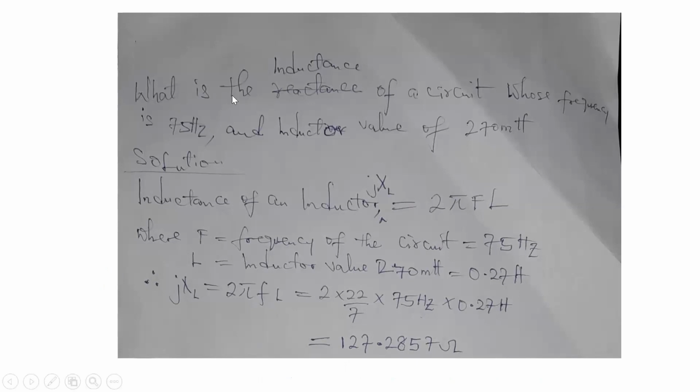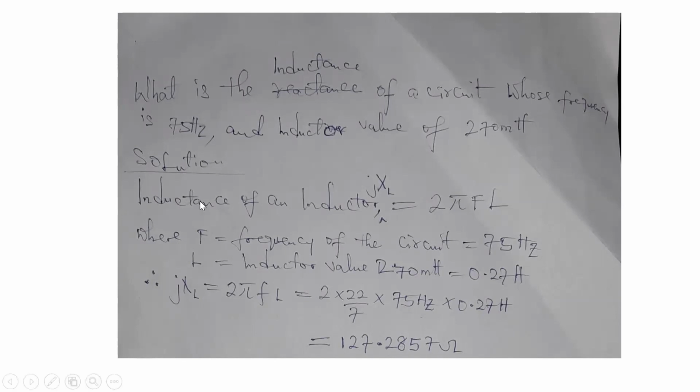Just like this question: what is the inductance of a circuit whose frequency is 75 Hz and inductor value of 270 millihenry? Inductor is a form of opposition to the flow of current. But this opposition to the flow of current depends on frequency. Are you following me? In the last class that we did online, I explained it, but it was theoretical; we didn't solve anything as per the mathematical aspect of it.